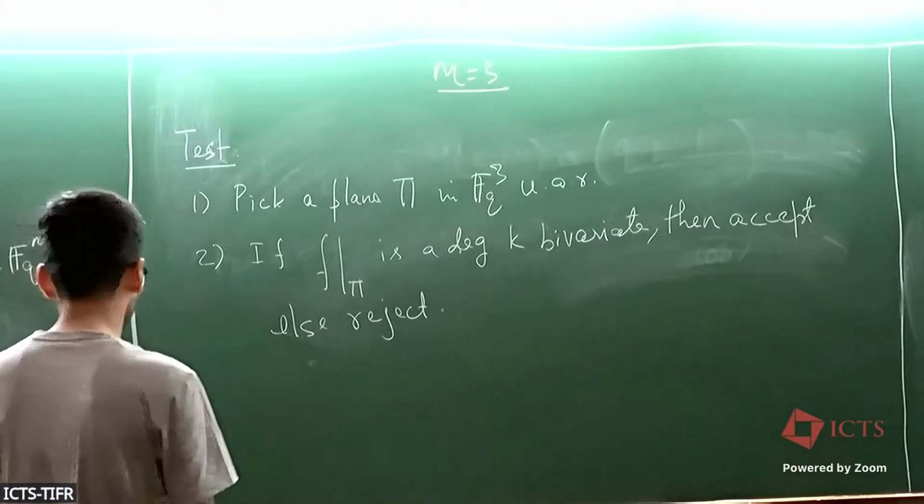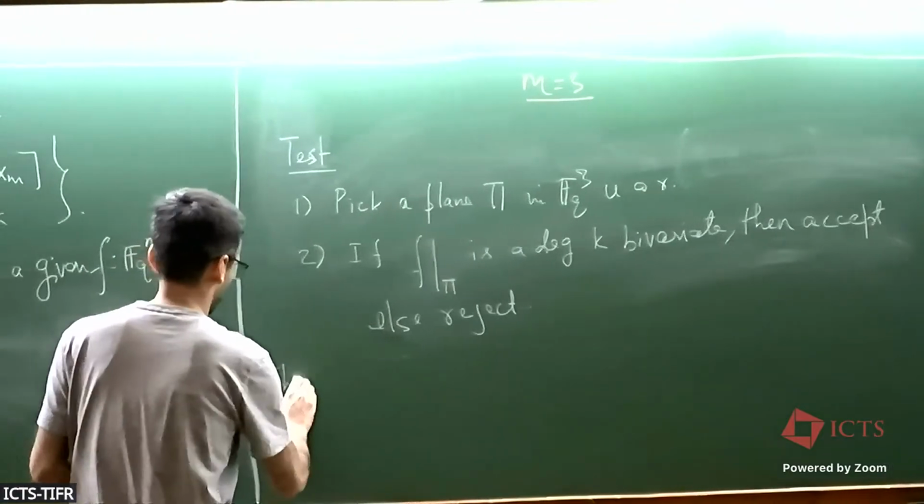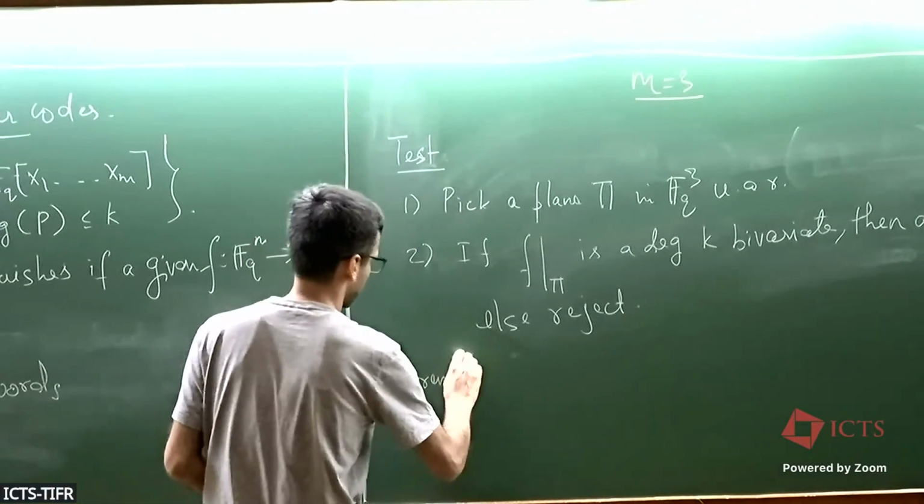So the theorem we are going to see is a baby version of a theorem of Raz and Safra.